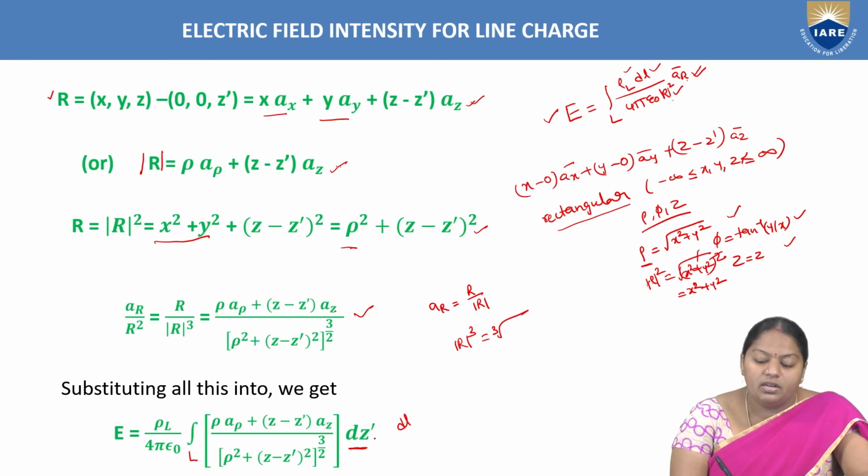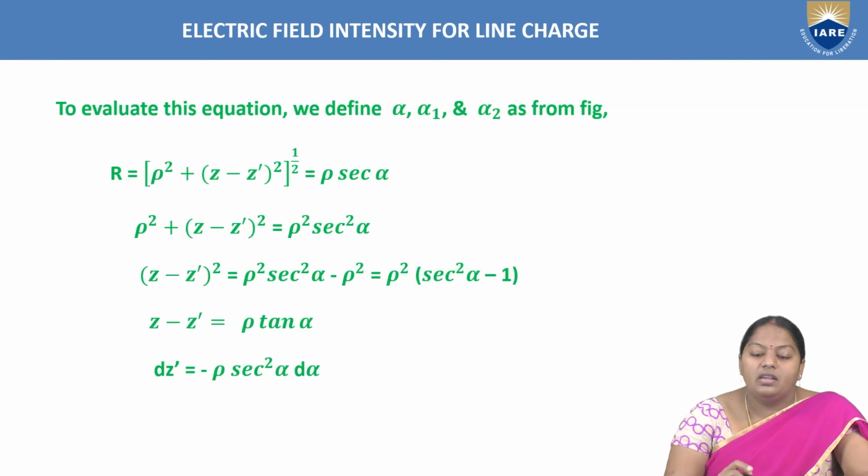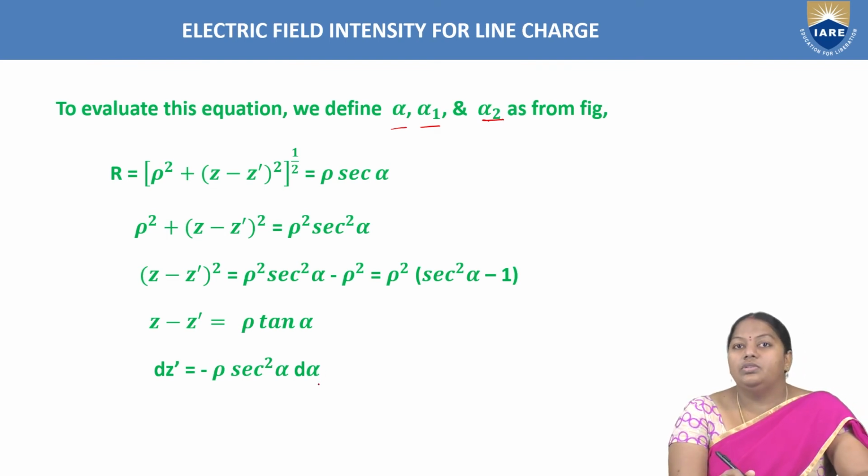To simplify it in an easy way, we consider some of the angles which we have considered from the figure. So to evaluate this equation, we define alpha, alpha 1 and alpha 2, which are the angles made in the electric field intensity E due to the line charge from the figure.